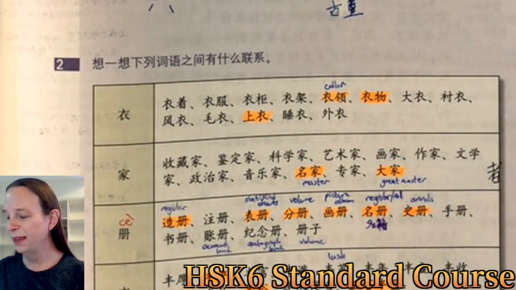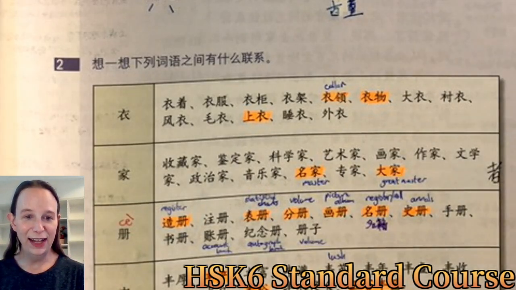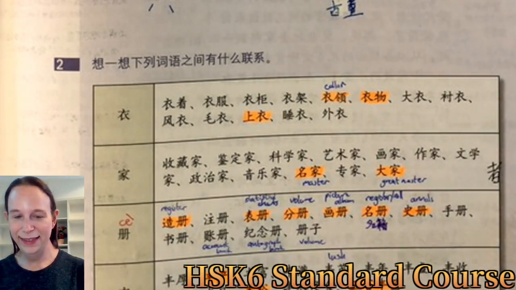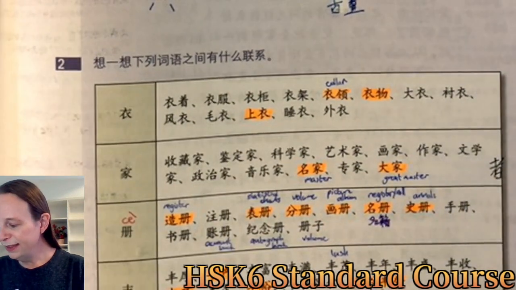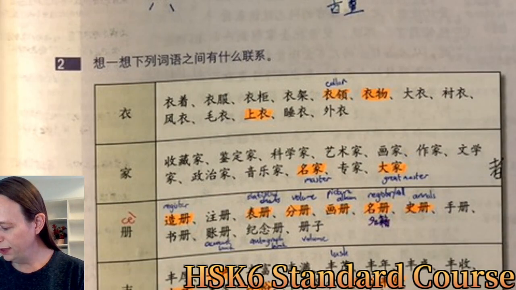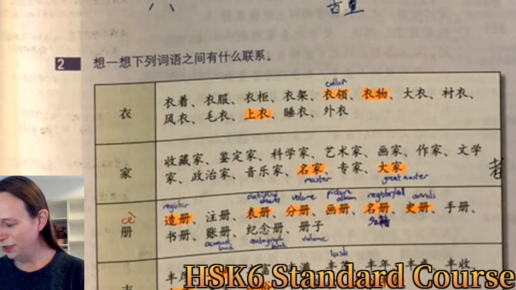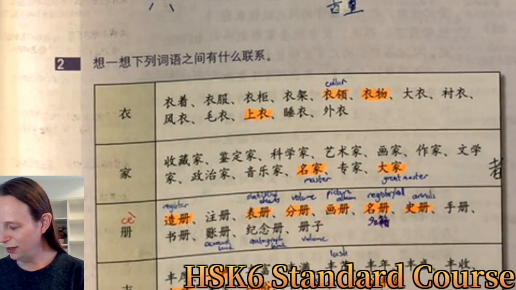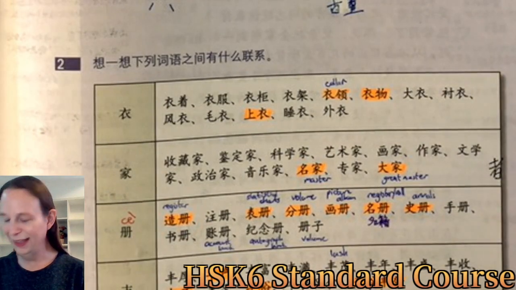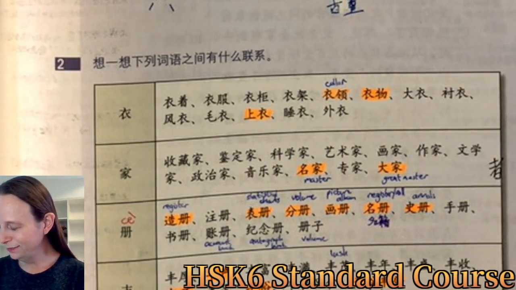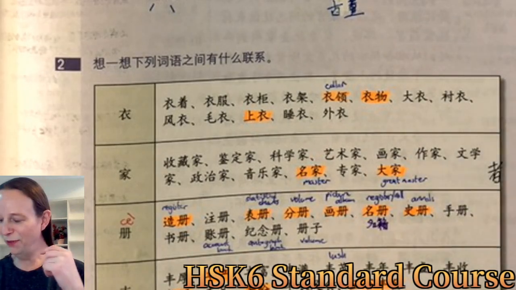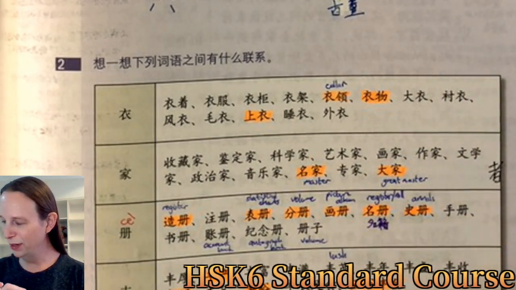Maybe you have an encyclopedia that's 20 volumes, or like Lord of the Rings where there's 3 volumes. 造册、注册、表册、分册、画册、名册、学册、手册. Oh, this is like handbook. I know that one. 书册、账册、纪念册、册子. Whoa, all right. So 册 is used for volume, in the sense of a volume of a book.